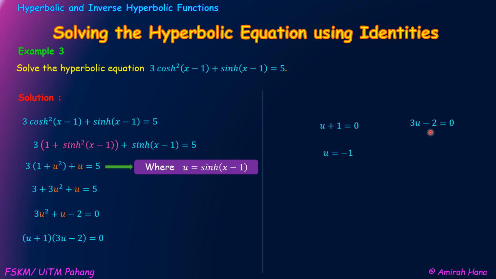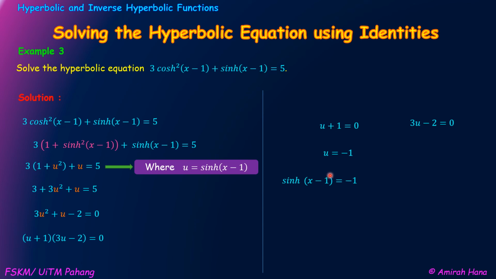And then we solve one by one. We have u equals negative 1 and then we replace u with sinh (x minus 1), which equals negative 1, because the given question is in terms of variable x. It means that we need to find the value of x. Solve here means we find the value of x.